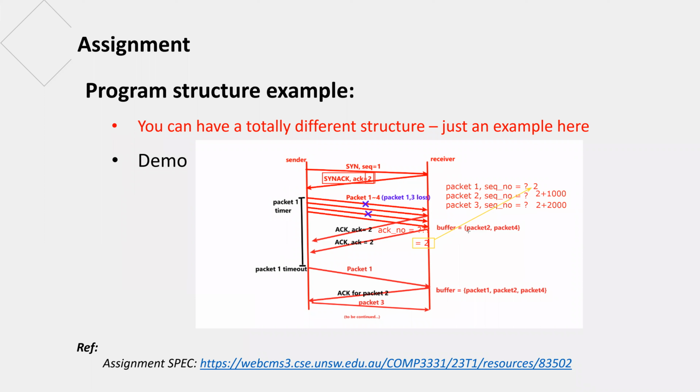Because when we receive packet 2 and packet 4 and we want to reply with a message, we still need to have packet 1. We didn't get packet 1 yet, right? We want to send this message to the sender side. So that's the reason why we send acknowledgement number 2 to the sender side, to indicate we are still waiting for packet 1, sorry.